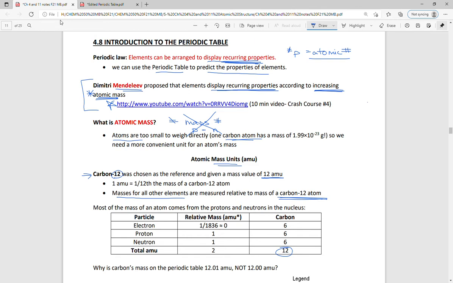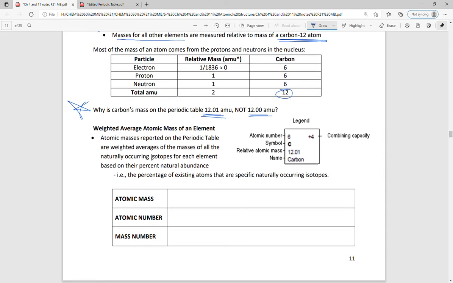The key thing here that I think is important, I always get a bit muddled talking about this stuff because it hurts my head, it's so small. The key thing is, why does it not say 12 on the periodic table? Why does it say 12.01? The reason for that, which I've already alluded to in other videos, is that this is the weighted average of all of the isotopes that are present in the world. And so the atomic mass reported on the periodic table is the weighted average of all the masses of the naturally occurring isotopes for each element.